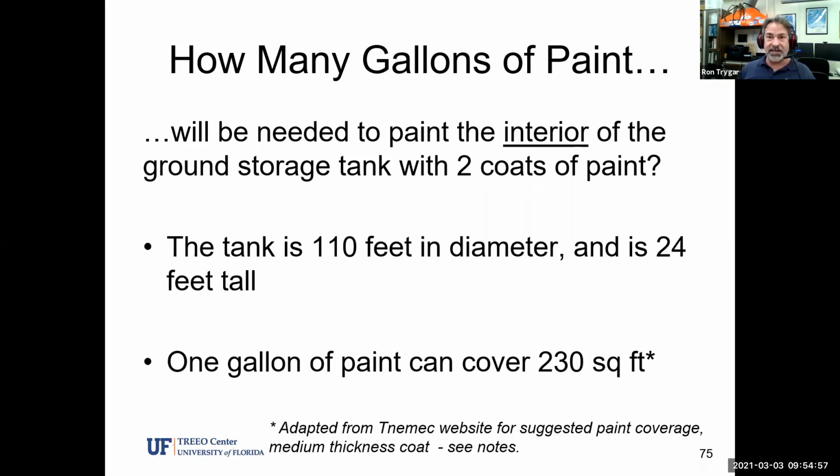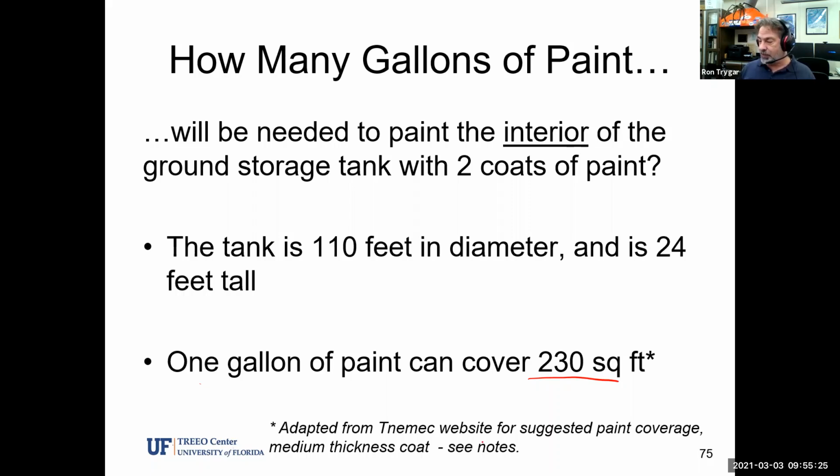And in this case, the number of gallons that would be used per covering would be given to us. So the number here on this slide, down at the 3rd bullet point, it says 1 gallon of paint can cover 230 square feet. So where did I get that number from? It came from the Tnemic website for suggested paint coverage at a medium thickness coating.